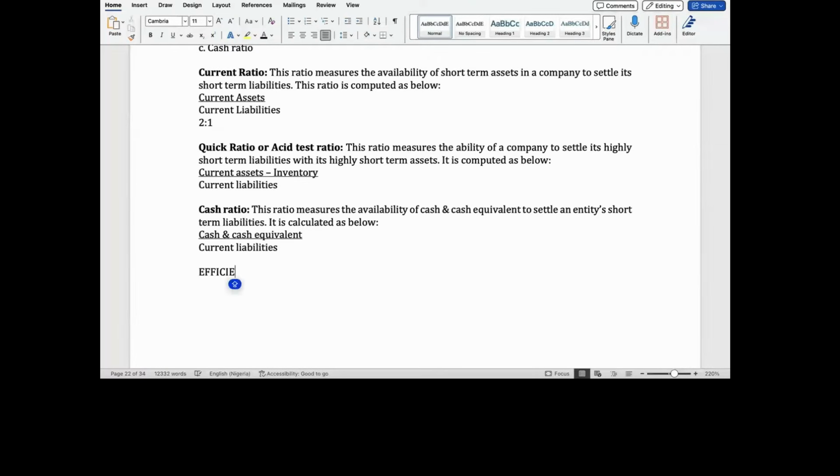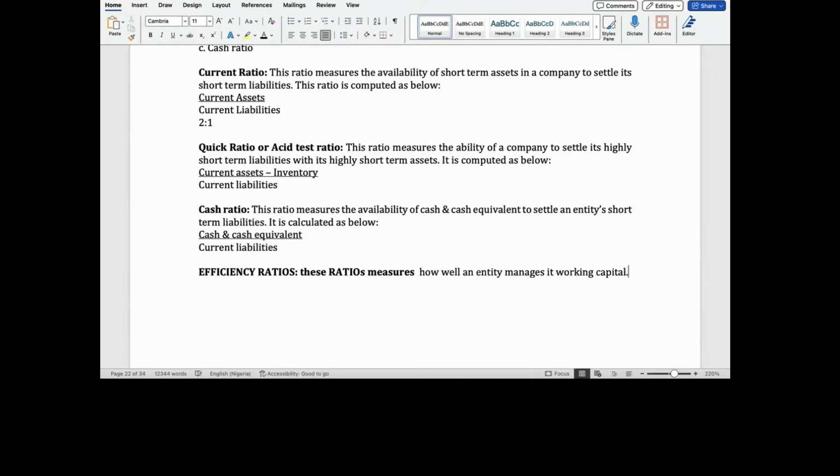Then we have efficiency ratios. What these ratios here do is measure how well an entity manages its working capital.